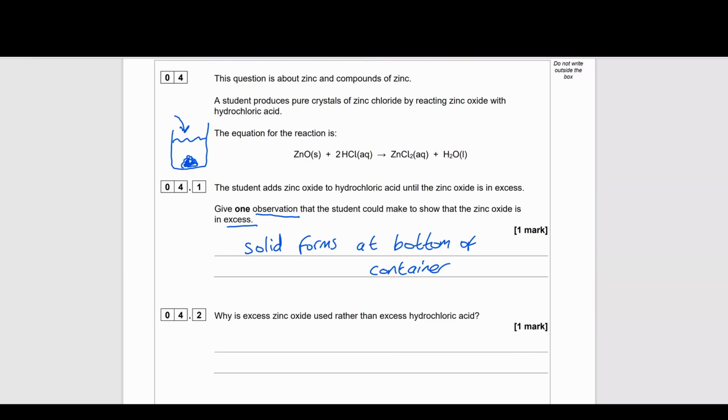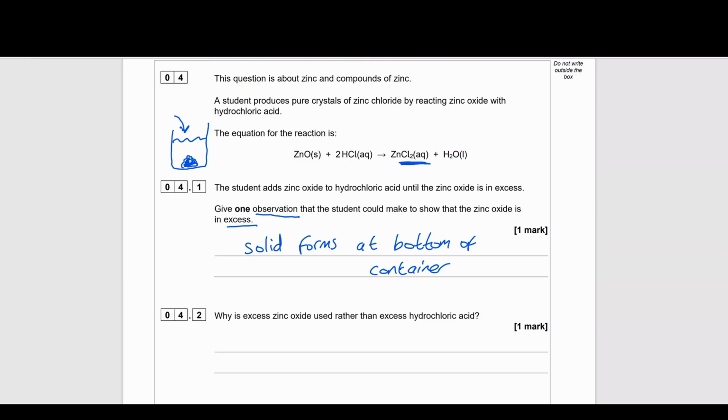Next question, why is zinc oxide used rather than excess hydrochloric acid? Well, we put zinc oxide in, it doesn't dissolve anymore, and then we would do a step to make sure that we are just left with our zinc chloride, which is an aqueous solution.